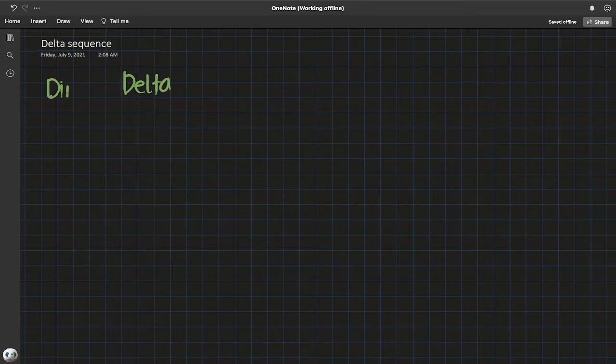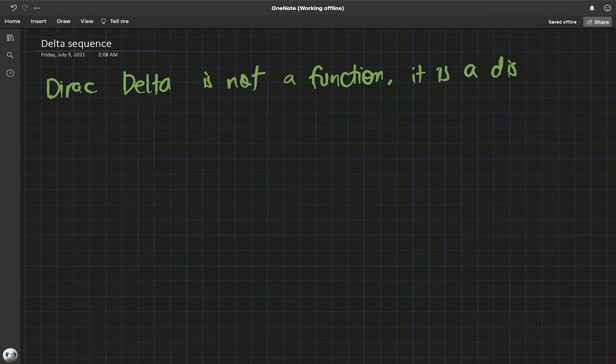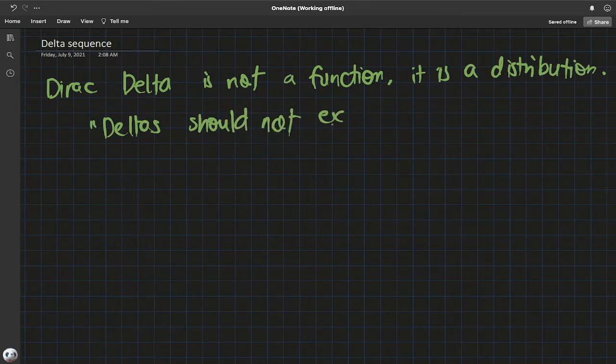Well, the Dirac delta is not, mathematically speaking, a function. It is rather a distribution. And this again manifests in the fact that deltas should not exist outside integrals.